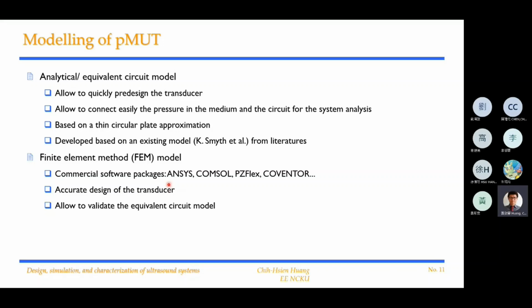If you want to work with several domains together, ANSYS may have some issues. For CoventorWare, the good thing is you can visualize the device, but I think it doesn't connect different domains, so you can probably only simulate the mechanical domain or just the electrical domain. It's probably difficult to connect electrical, mechanical, or acoustic together in CoventorWare.